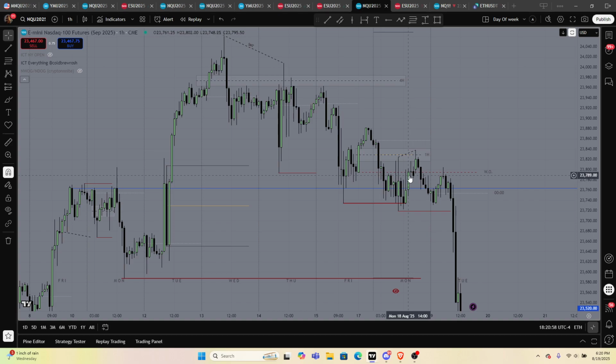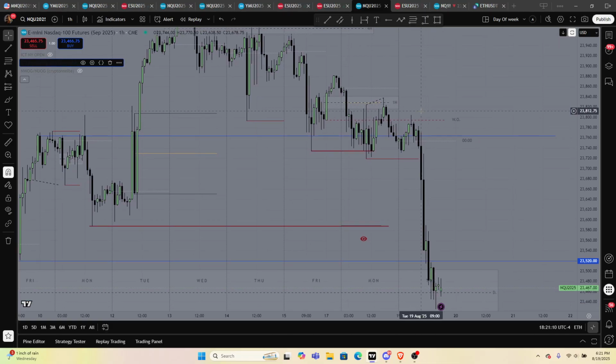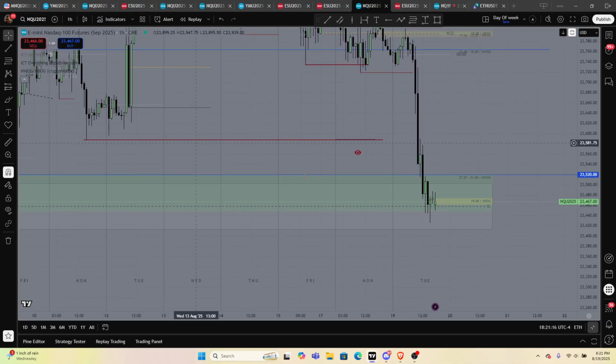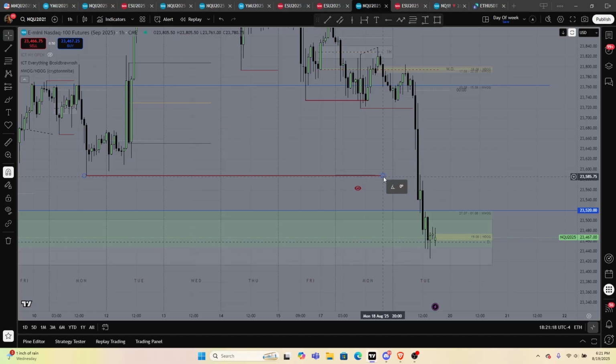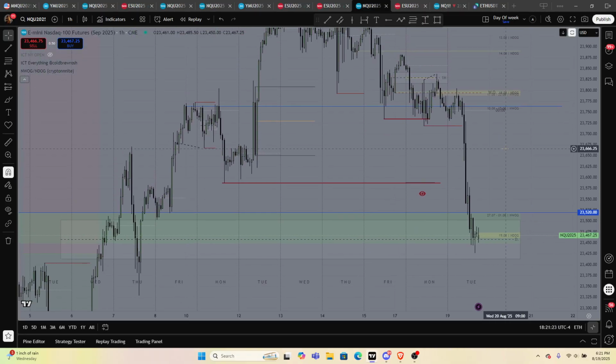Then Tuesday, Asia open, we run back up into it, create SMT right here, and then pull down from it. Then Tuesday equities opens, boom, just dumps into our draw. Why is this not on there? There it is. Dumps, boom, target 1, target 2, and that's set to go.